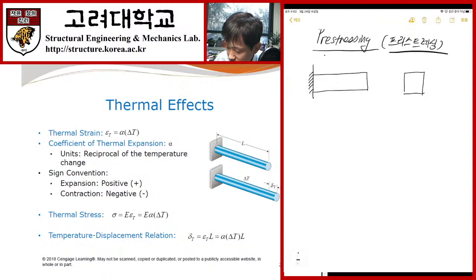In the center of this rectangular cross section, I have a bar, and this bar is embedded as a part of the structure. So I have a rigid plate here. Let's say this is concrete, and this is steel.